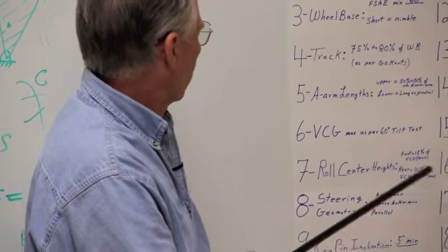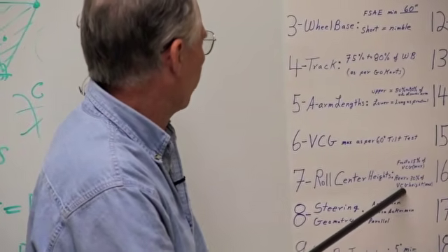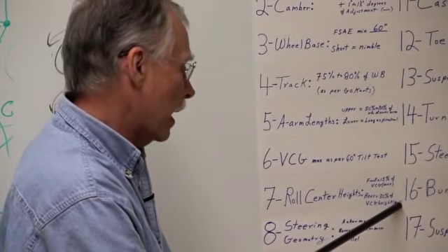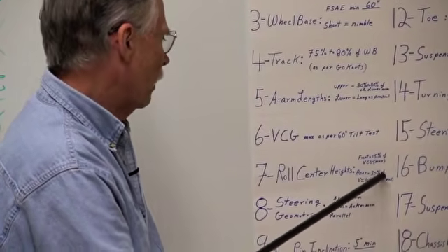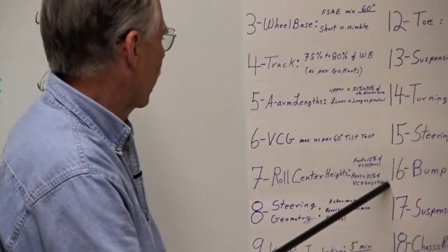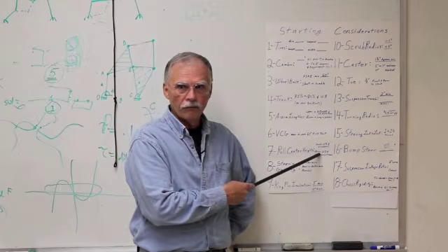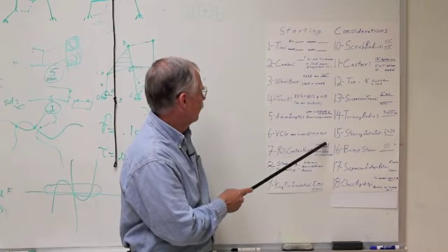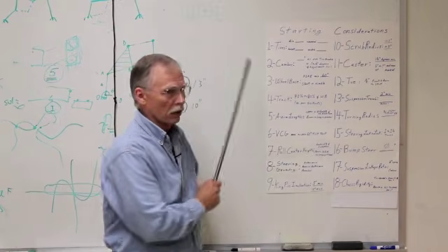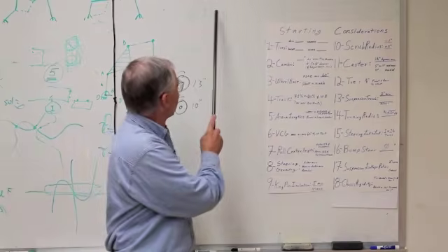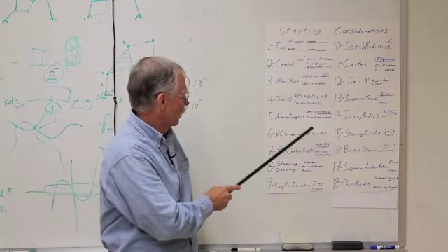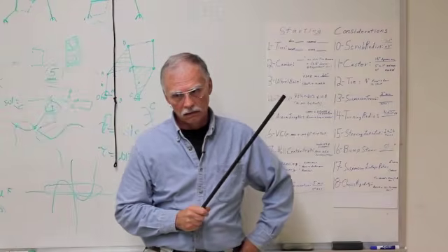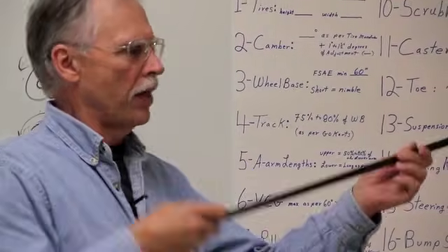But here's my crew chief rule of thumb. The rear roll center height should be at a maximum of 30% of the vertical center of gravity height in the rear. In the front, it should be no higher than 15% of the vertical center of gravity height. That vertical center of gravity height is the same for the front and rear, but you want the front roll center lower than the rear.